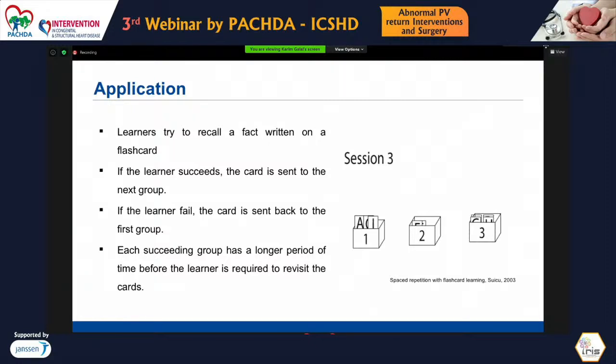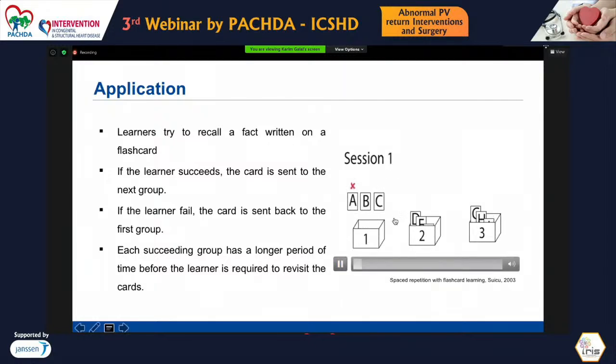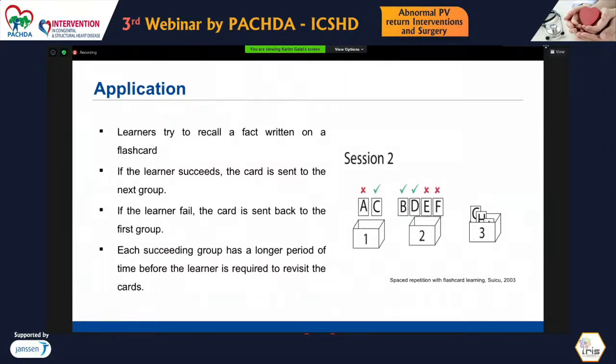And if a piece of information on the flashcard was recalled after 2 days, it was then put into a further box to recall after 4 days. If it was forgotten, that information was repeated again as information learned on the first day.